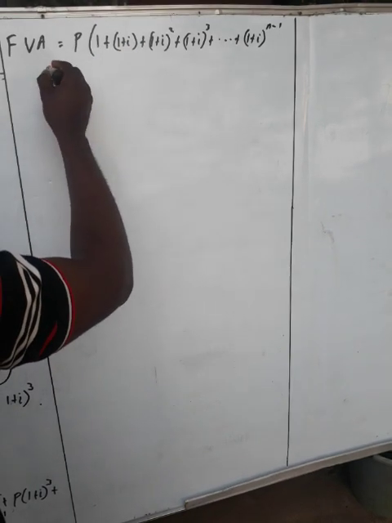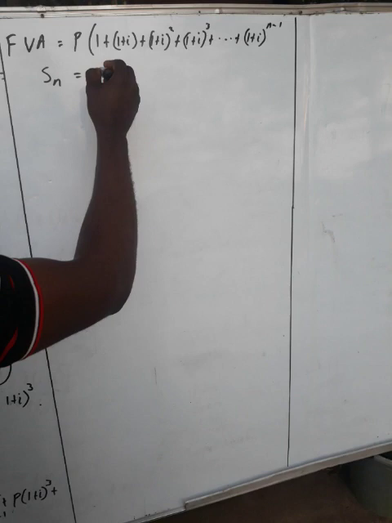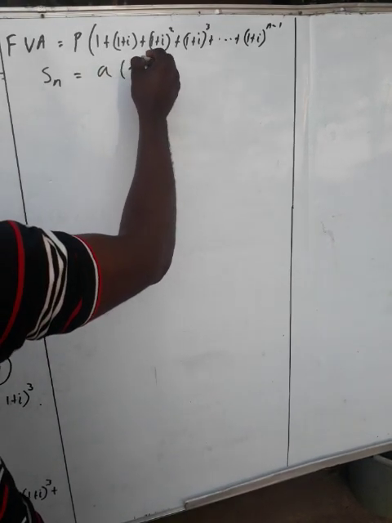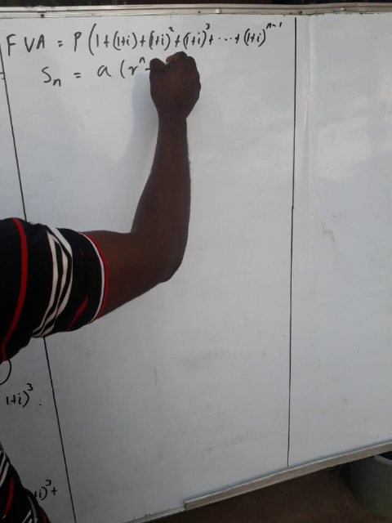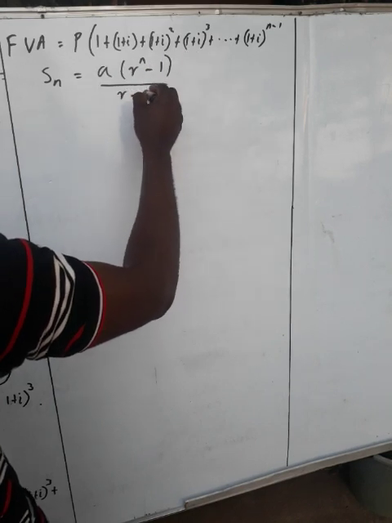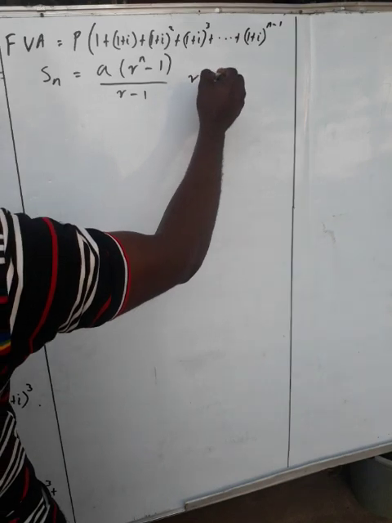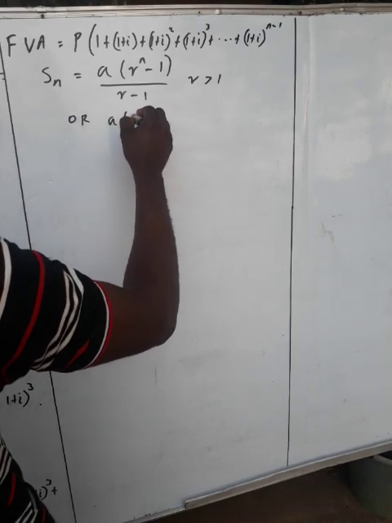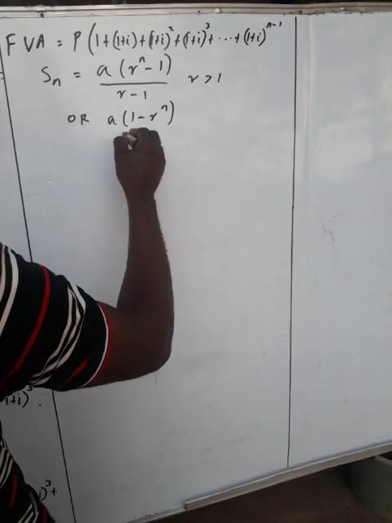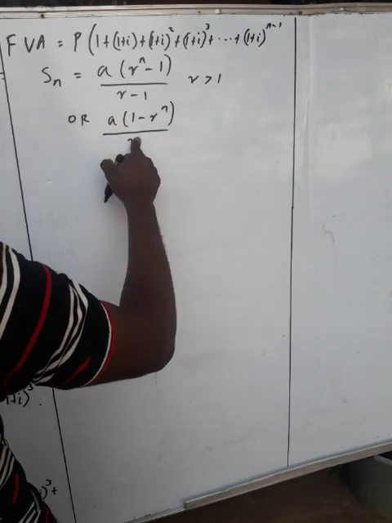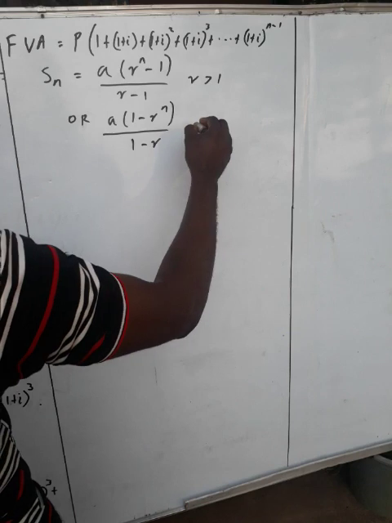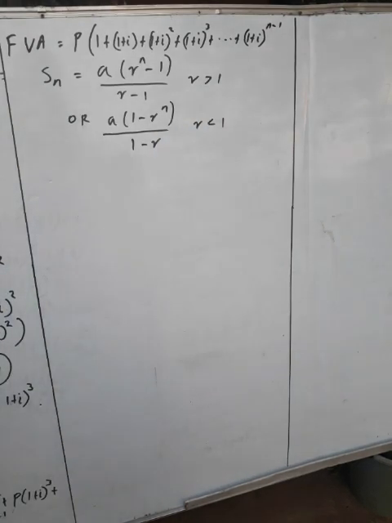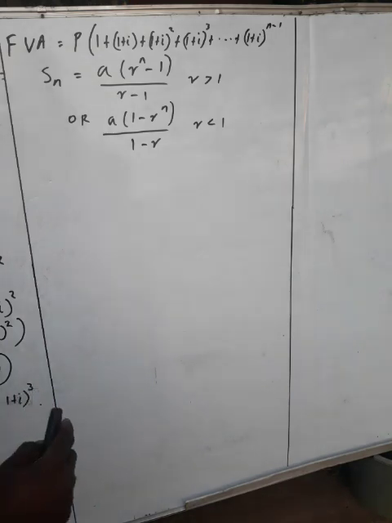So the sum of a geometric series Sn is equal to a(r^n - 1) over r - 1 for r bigger than 1, or a(1 - r^n) over 1 - r for r smaller than 1. And in this case, is r bigger than 1? Yes, r is bigger than 1.